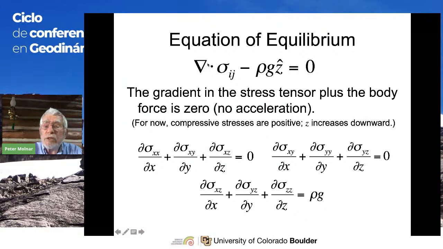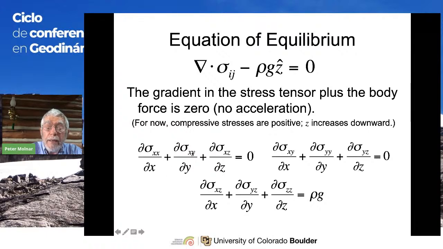So this is a vector equation, and we write all three components. So sigma xx, this is the x component of compressive stress, and the gradient of that in the x direction would be how the horizontal compressive stress oriented in the xx direction varies with the x direction.